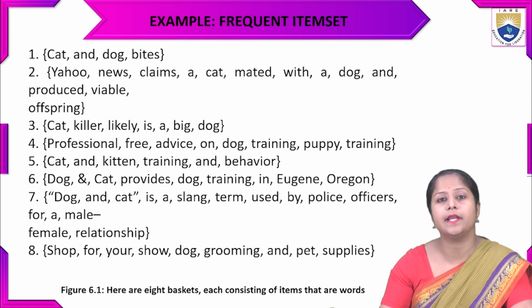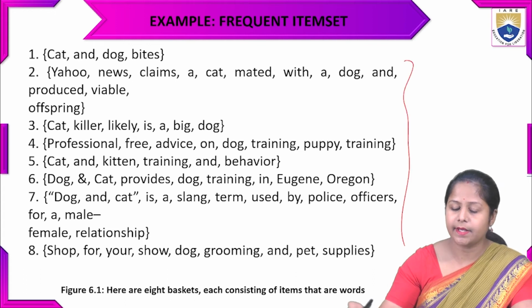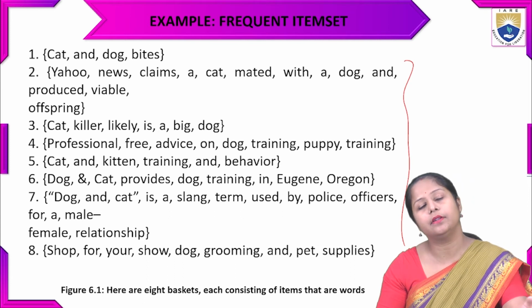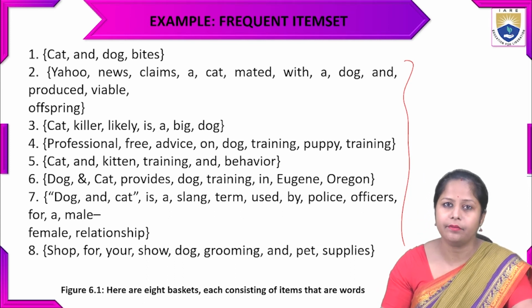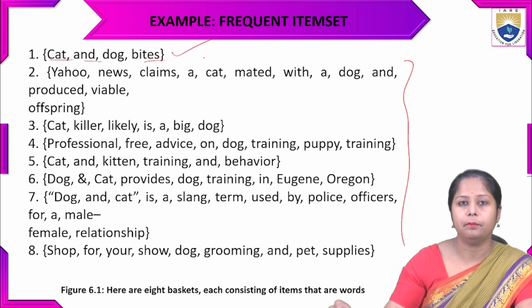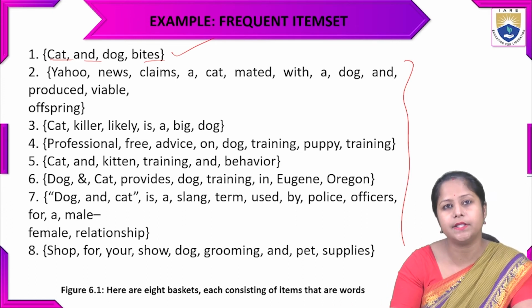Here in this figure, we can see 8 baskets. Each one of them has items, which are the words. In the first basket there are cat, dog and bites, so these are the 3 items in the first basket.